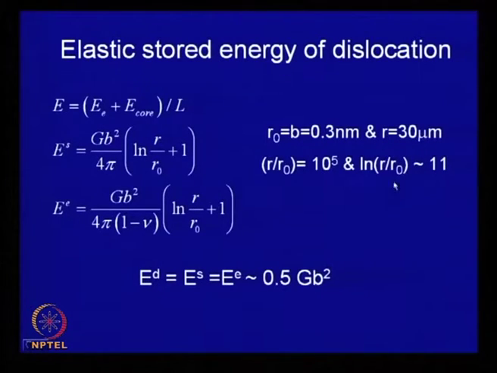So, if you calculate this factor ln R over R naught, this will be around 11. Suppose this becomes double, I leave it as an exercise; you will find that because it is logarithmic, the increase is very slow. You may find about a 10 to 15% increase in the energy.